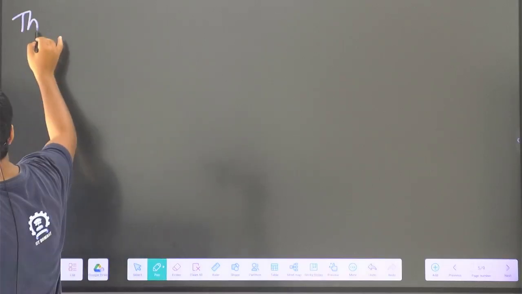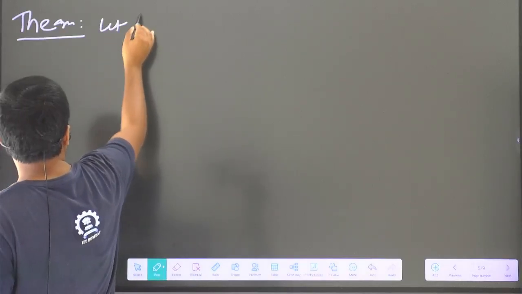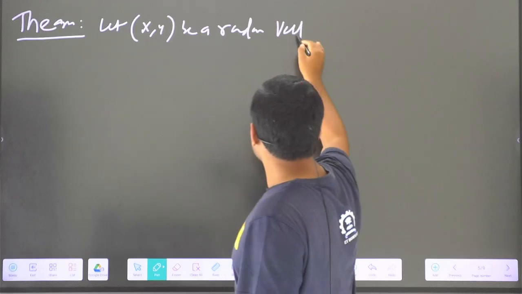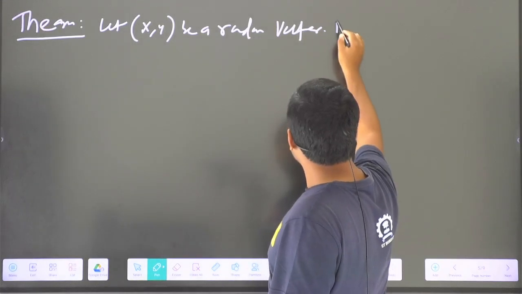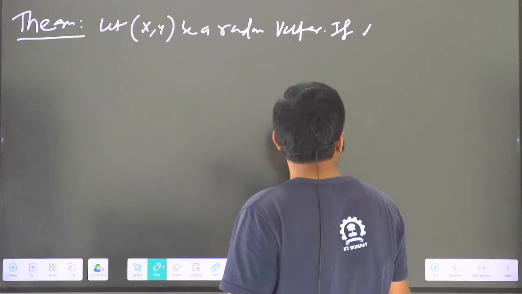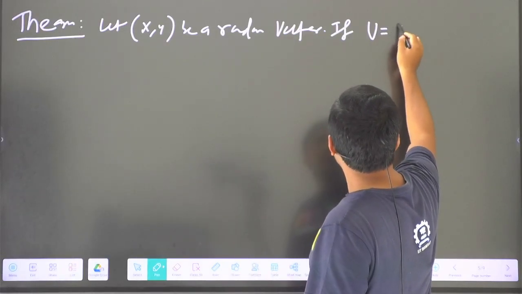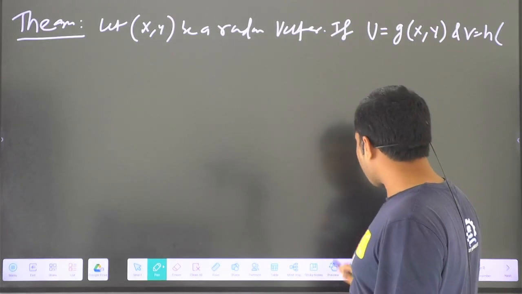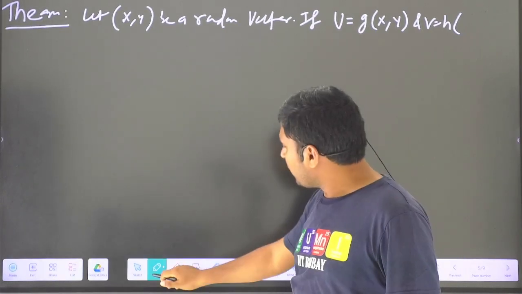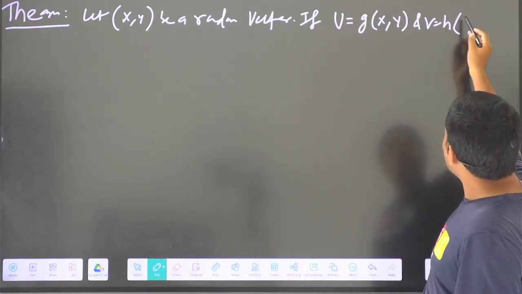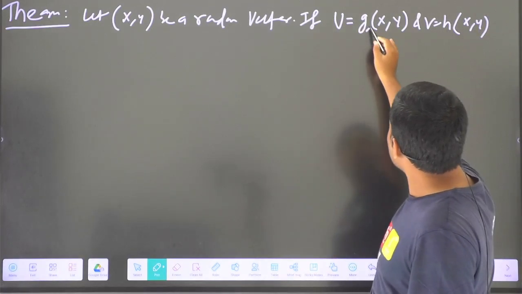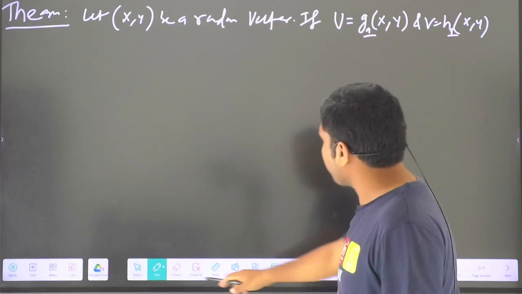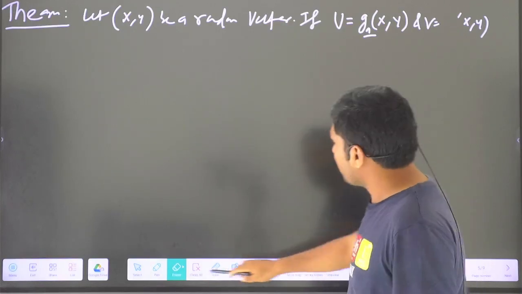Let X, Y be a random vector, and let U be some function of X, Y and V be some other function of X, Y. Let's call them g1 and g2.